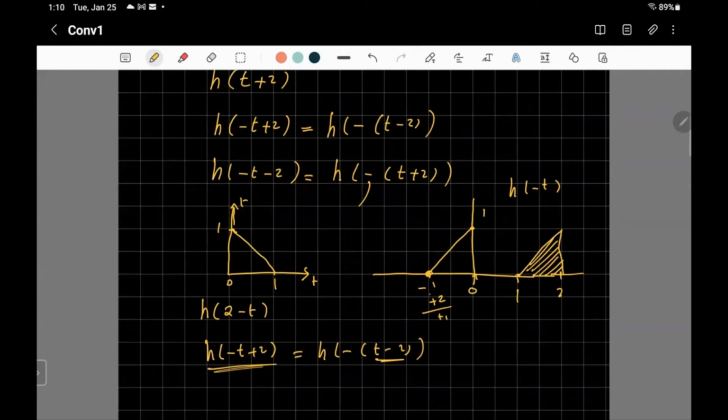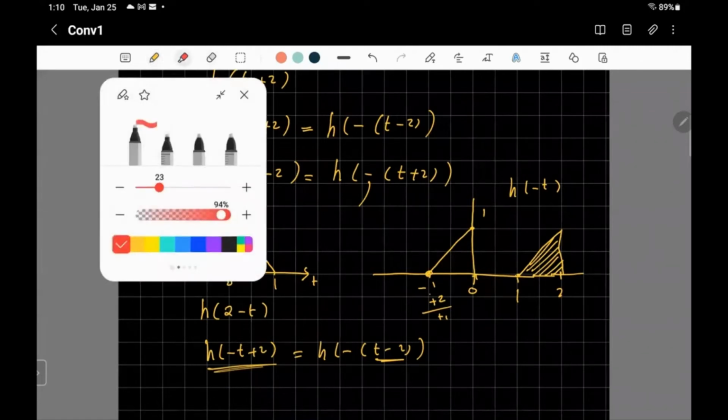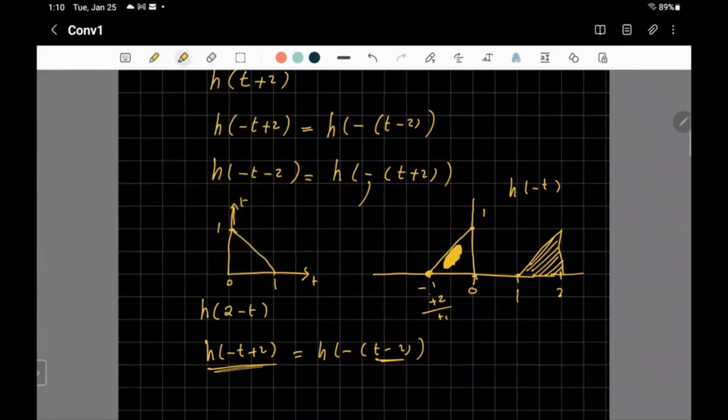So if you look at the front, let me color this one because I want to say something here. So that was the original. So what happened? When you have h 2 minus t, I inverted.